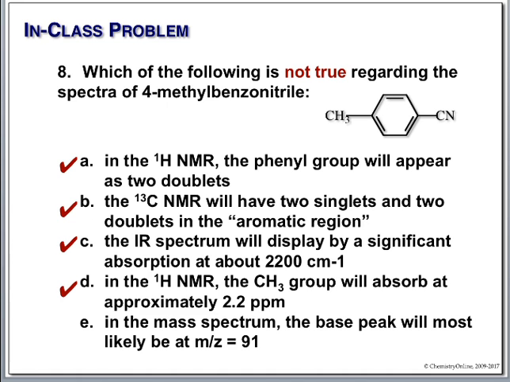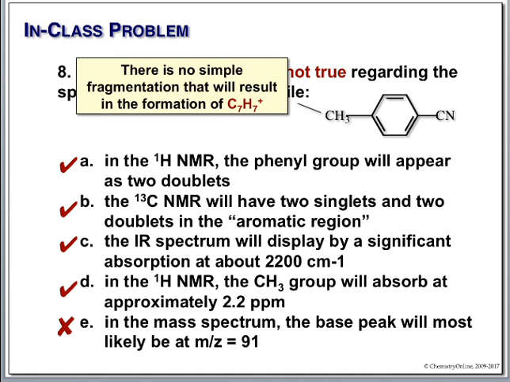Therefore, our last one here must be wrong. In the mass spec, the base peak will most likely be m over z equals 91. Well, that's our tropylium. Clearly, this is the wrong one. The reason is that there's virtually no way we can take this molecule, rip off the nitrile, and make a tropylium ion out of it.